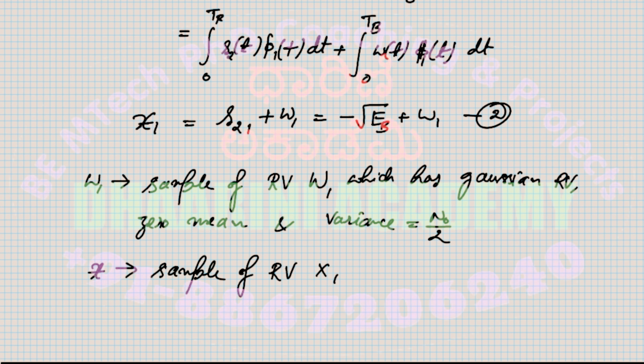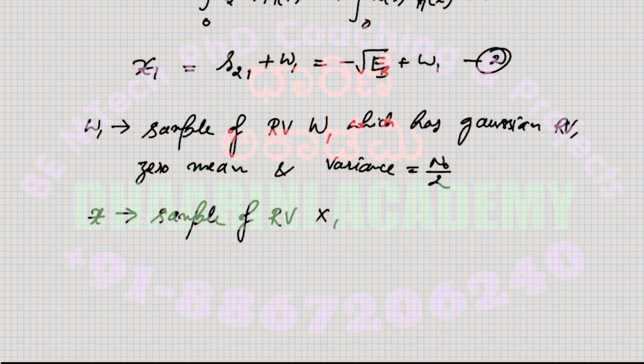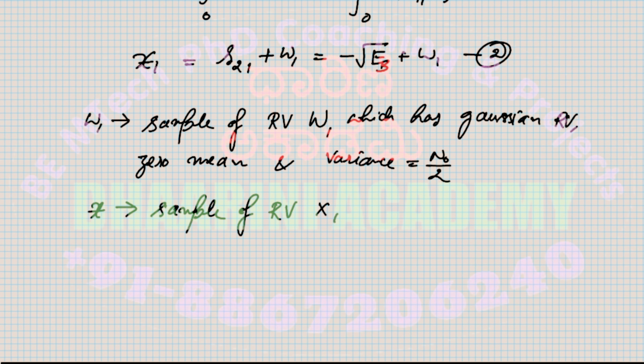Now, as usual, what's the first step? If you remember, calculate the mean, right? This implies the expected value E of X1 should be equal to the expected value of minus root EB plus W1.